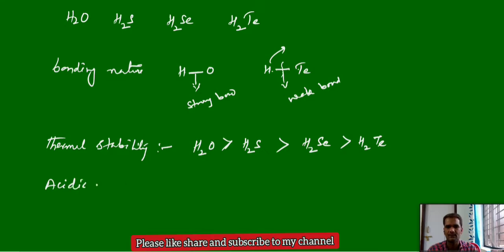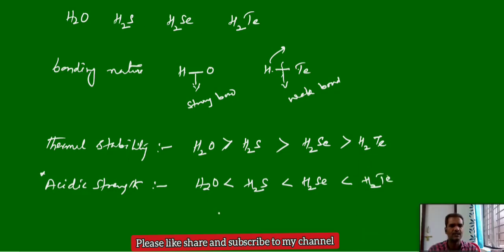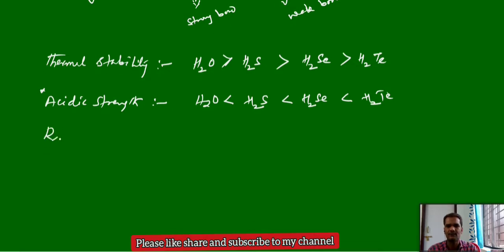Acidic strength: this is also very important, acidic strength increases from top to bottom. Water is less acidic compared to H2S, H2Se, H2Te. The same trend holds for reducing nature. Same as in the case of 15th group hydrides, in 16th group hydrides these properties are the same. Reducing nature again increases from top to bottom.